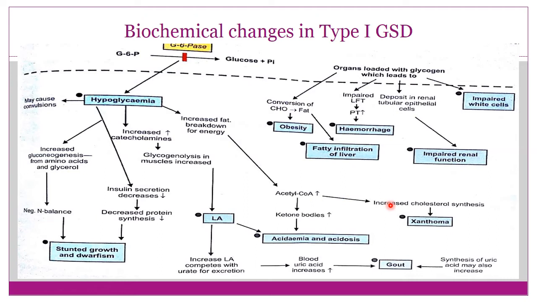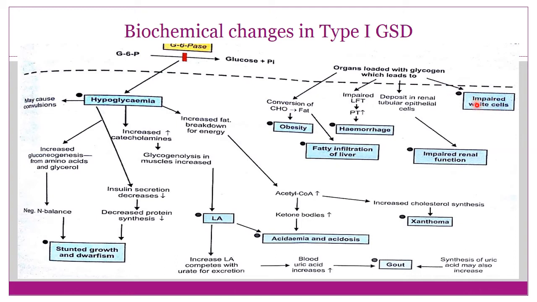If cholesterol synthesis increases, it will cause xanthoma, and if the organs are loaded with fat, then obesity and fatty infiltration will be there. Hemorrhage will be there, LFT will be impaired, then deposits in the renal tubules, then impaired renal function. Then in RBCs and white blood cells are impaired.